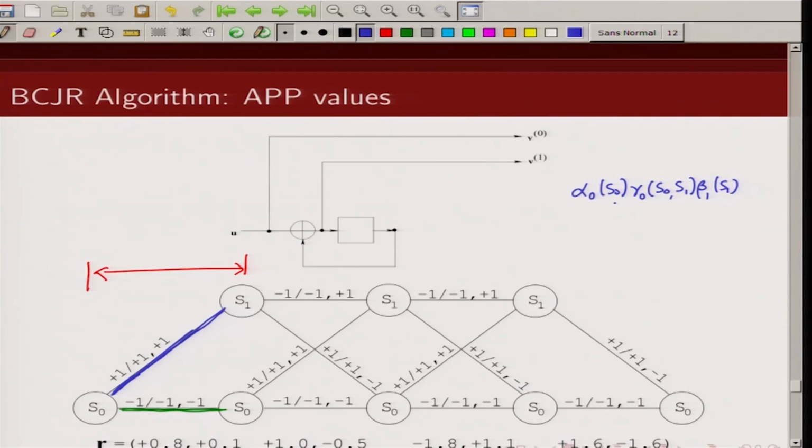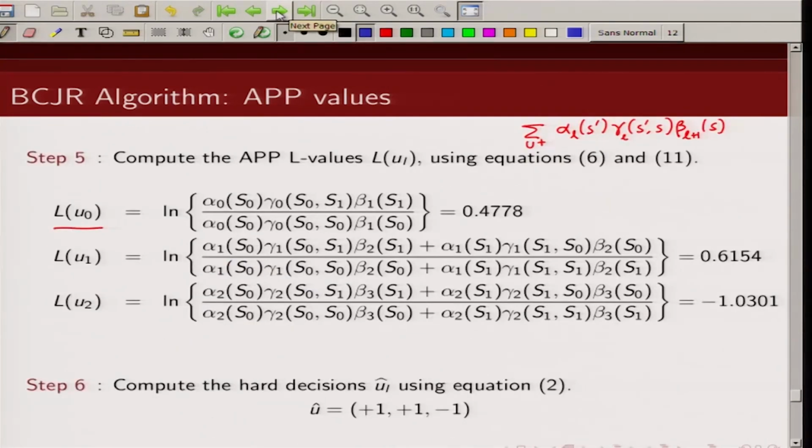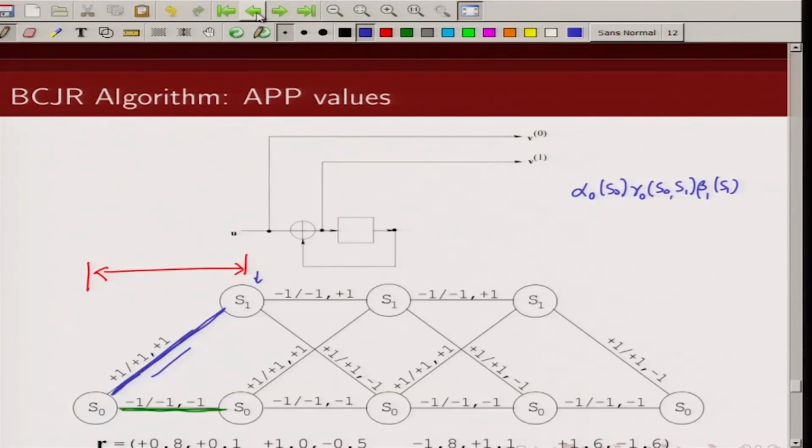So, I have alpha at this state, gamma corresponding to this transition, and beta corresponding to this state. If you go back, this is what I have: alpha 0 S 0, gamma 0 S 0 S 1, and beta 1 S 1. At this time instance, is there any other transition corresponding to UL plus 1? No, there is only one.